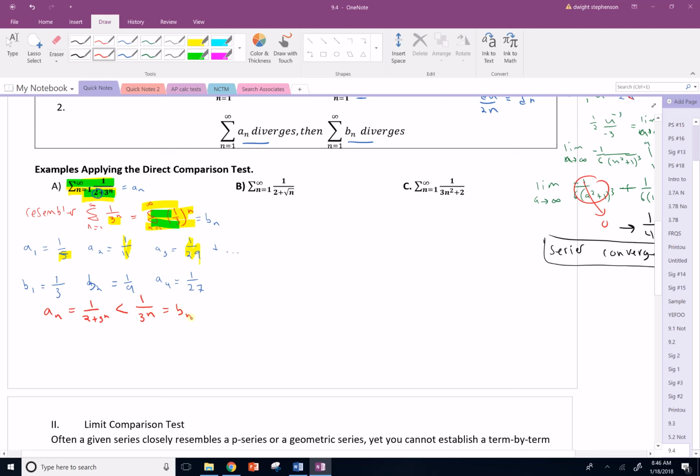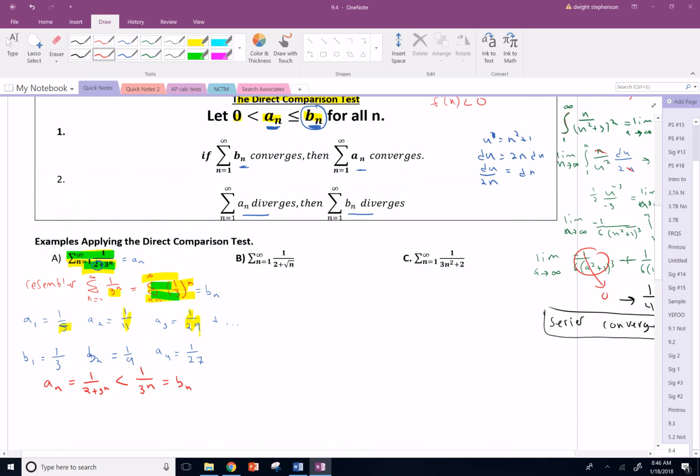And 1 over 3 to the n was that BN series. And so because AN is less than BN, right? This is that first case. AN is less than BN, and BN converges, right? The bigger one converges, then the smaller one must also converge, right?